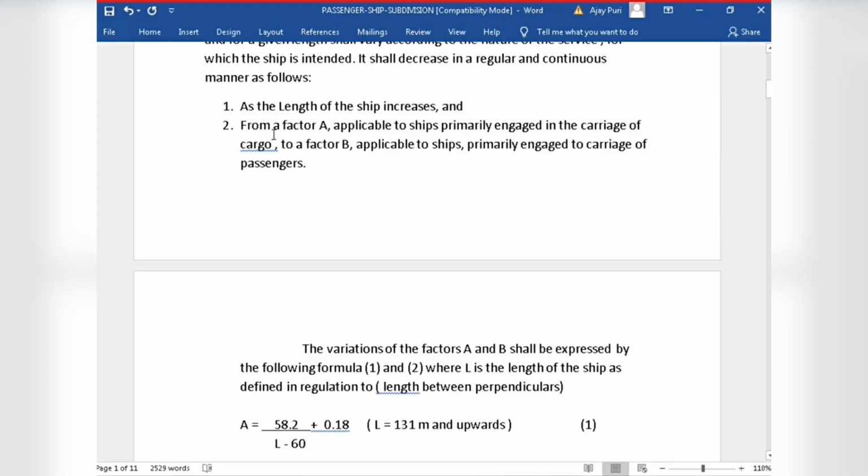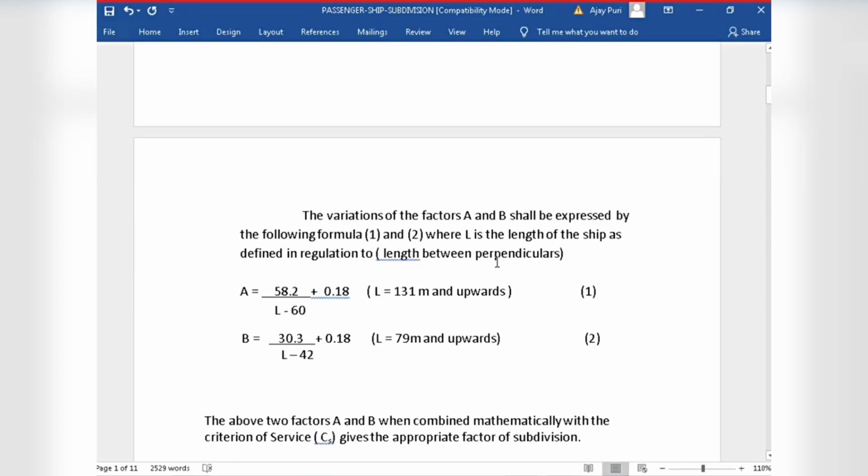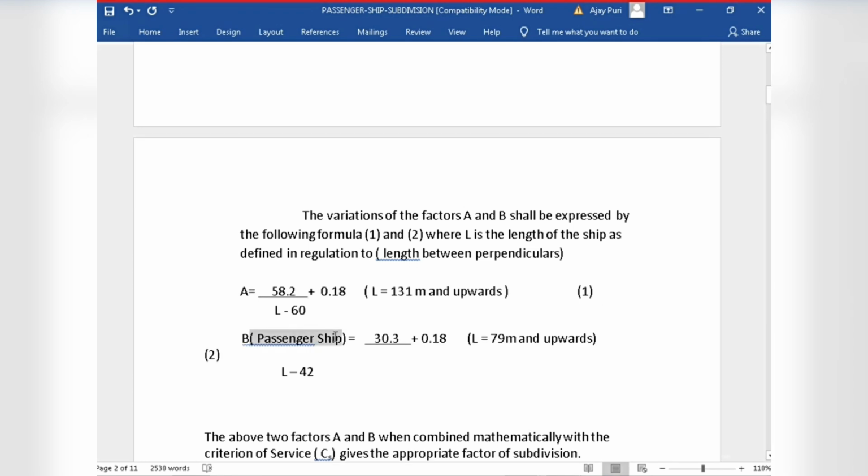So, factor A is applicable primarily for vessels engaged in carriage of cargo, and factor B is when it is engaged in carriage only of passengers. These two factors are there. So L basically is length between perpendiculars. So factor A is for cargo ship and factor B is for passenger ship. The formula will go haywire.